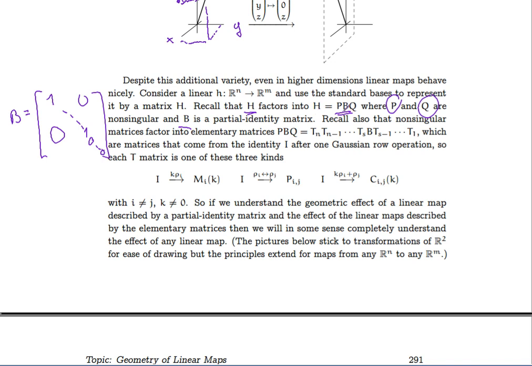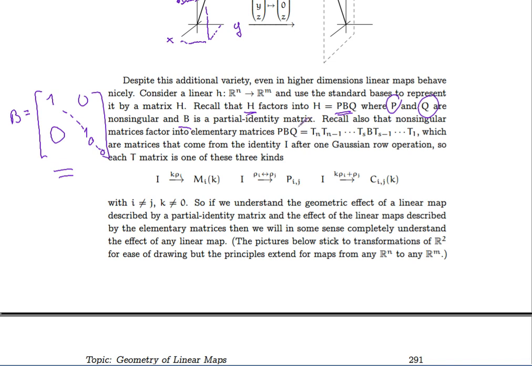Given this representation of H as a non-singular matrix times a partial identity, such as the matrix over here, times another non-singular matrix, we can decompose this P and this Q into elementary matrices, which correspond to elementary row operations.